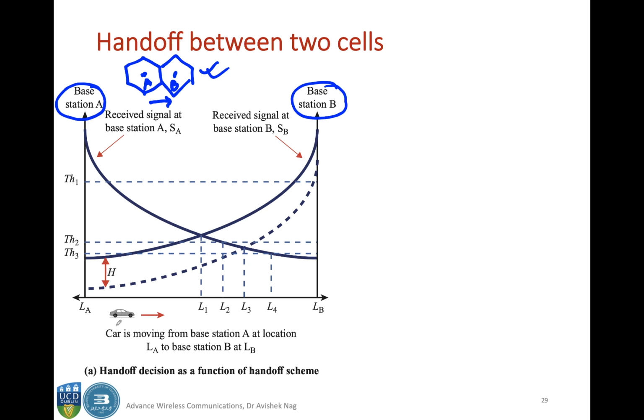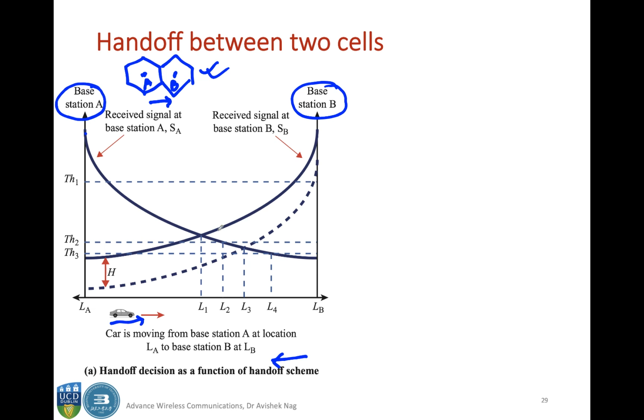When you move away from base station A, let's say the signal strength due to base station A falls with distance according to this curve. When you move close to base station B, the signal strength goes up. In other words, if you move in this direction away from base station B, your signal strength for base station B goes low according to this curve.